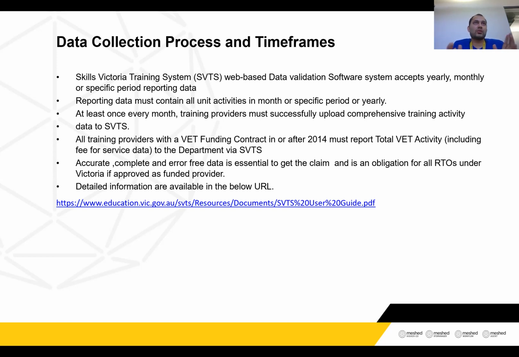So for any students you enroll into a course where there's a unit activity, based on that information you will be able to pull the unit activity report in the form of NAT files for a month, a specific period, or yearly, and you can submit it from the SVTS portal.